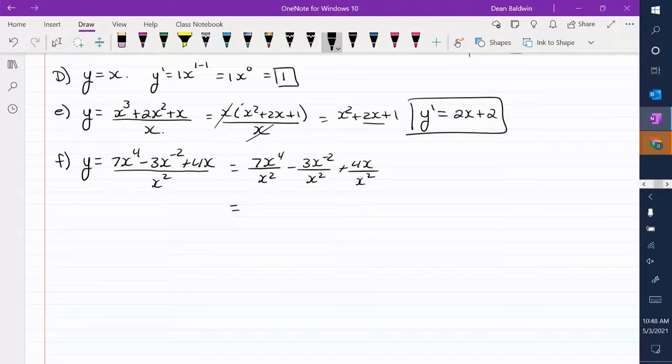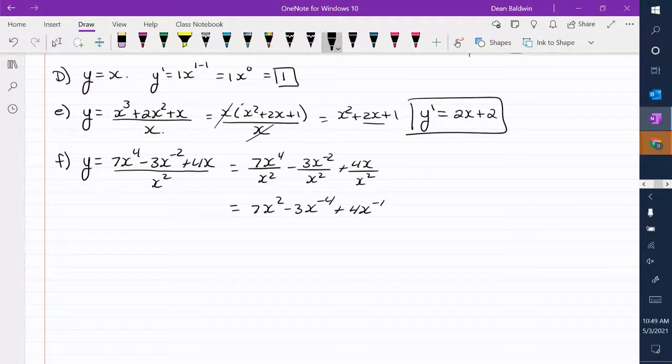What do you do with the exponents if you're dividing? Subtract. So the first one becomes 7x squared minus 3x to the negative 4, minus 4x to the negative 1. And now we can just do each derivative separately.